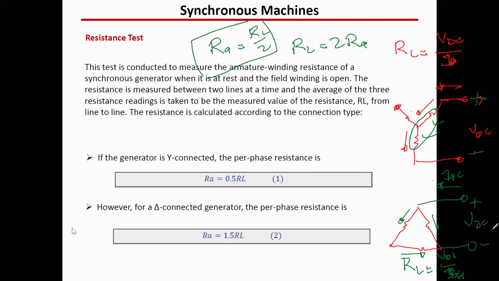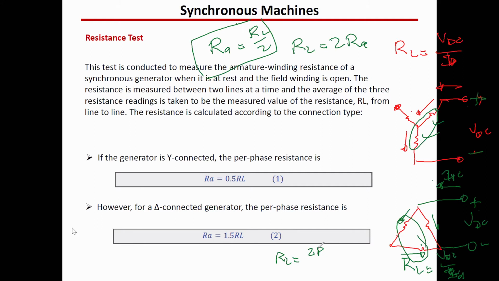But again, what is the value of RL? Well, RL will be the equivalent. And what will be the equivalent in this case? Two of them are in series, and one in parallel. These two in series and one in parallel.